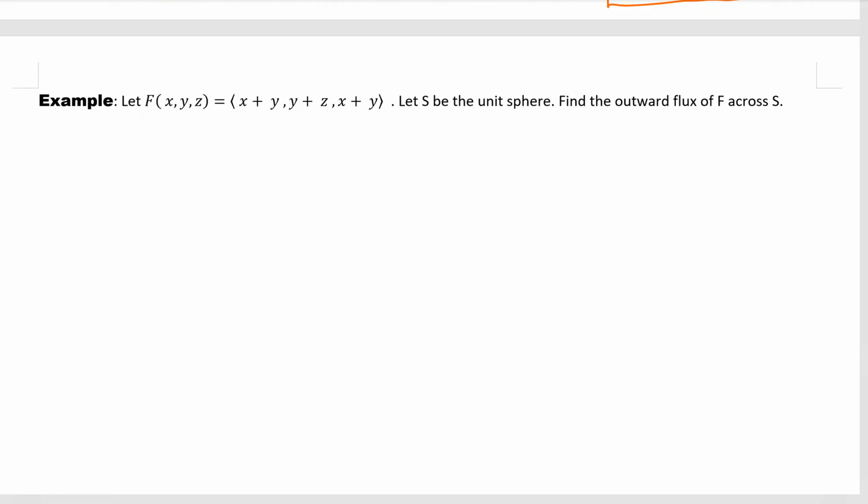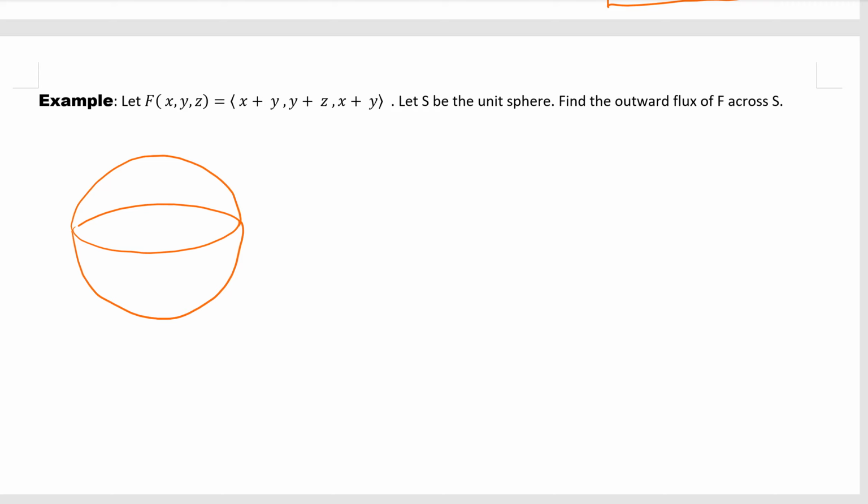So here, let S be the unit sphere and find the outward flux. Usually, we use the divergence theorem to help us calculate the flux using triple integrals on the solids inside the surface.